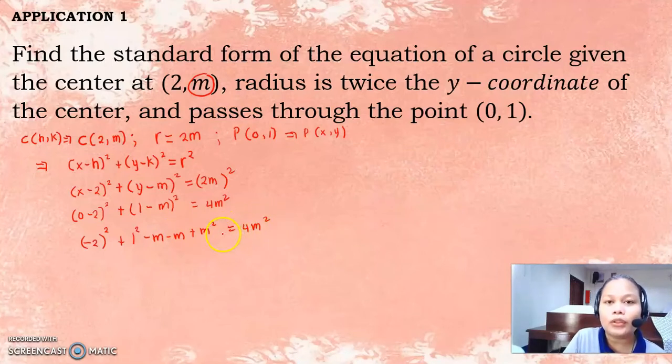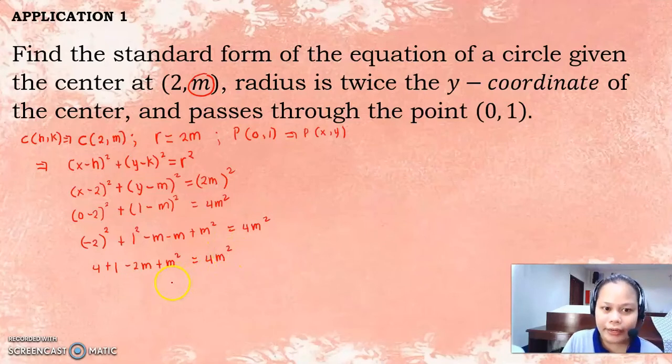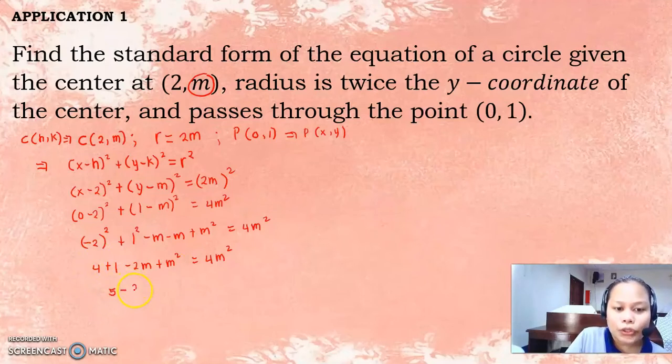So we are going to combine like terms. So negative 2 raised to the power of 2, we have here 4, plus 1 squared, we have 1 minus 2m plus m squared is equal to 4m squared. So 4 plus 1, we have here 5 minus 2m plus m squared is equal to 4m squared.